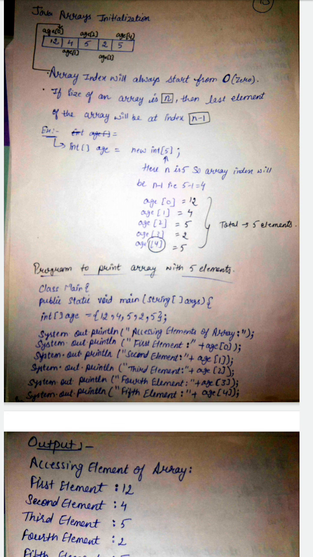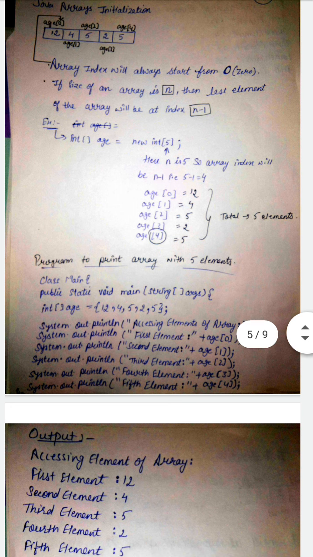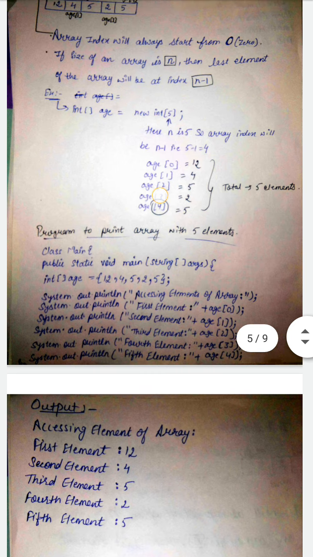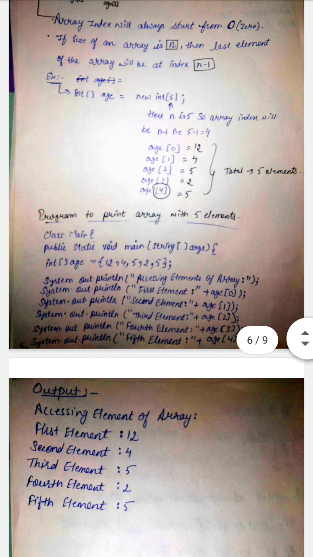And how will we be storing these values? Here n is 5, so the array index will be n minus 1, that is 5 minus 1 is equals to 4. So this is the method by which we are having the values inside the array.